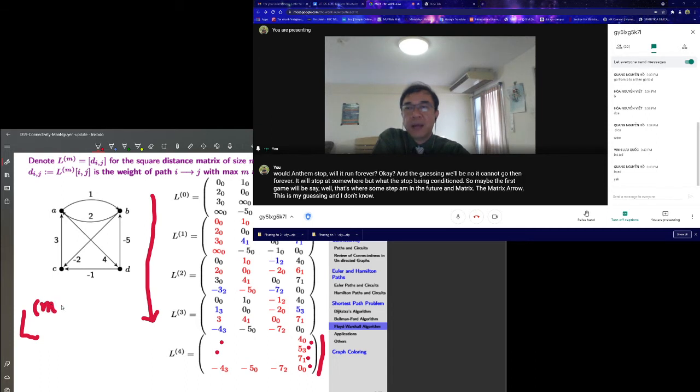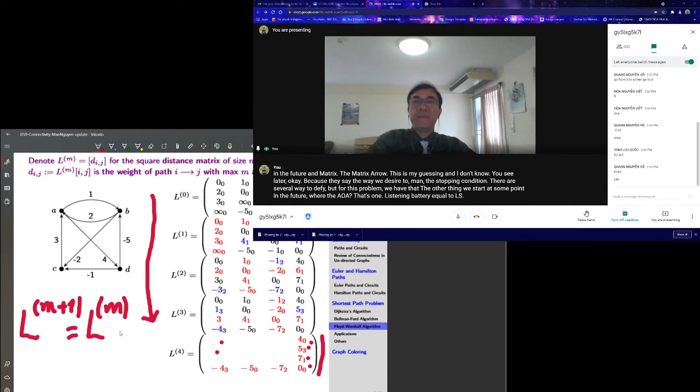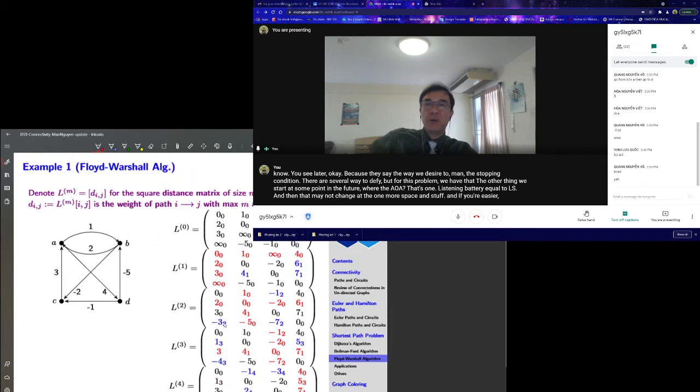There are several ways to define a stopping condition, but for this problem, we hope that the algorithm will stop at some point where the distance matrix LM+1 equals LM. That means they do not change after one more step and we have to stop. This is the easiest way to look at it.